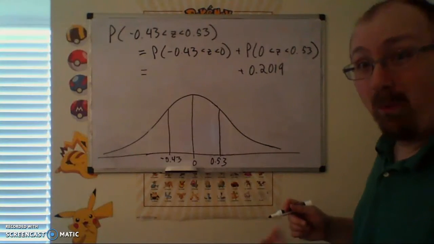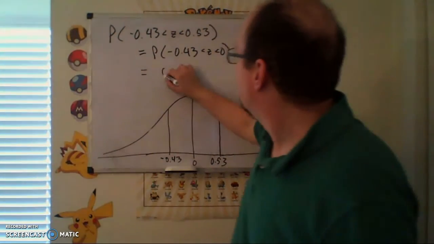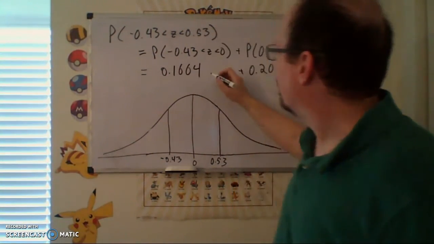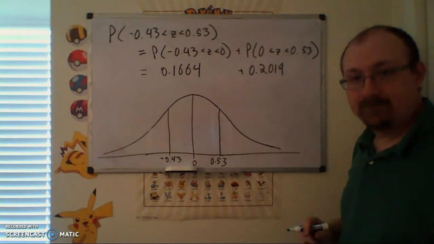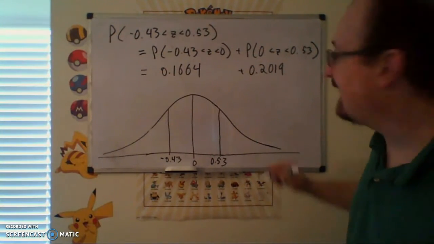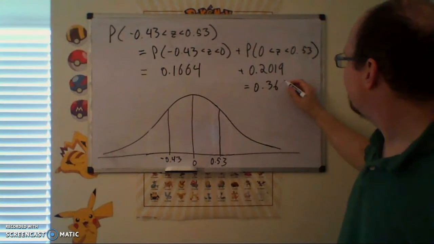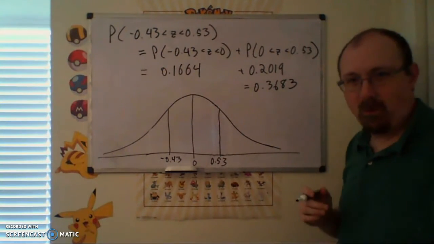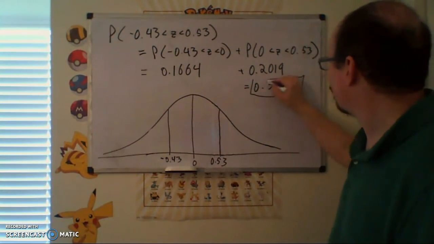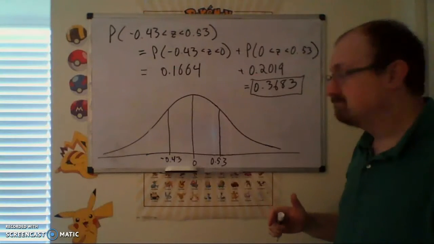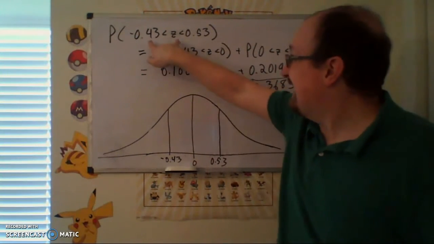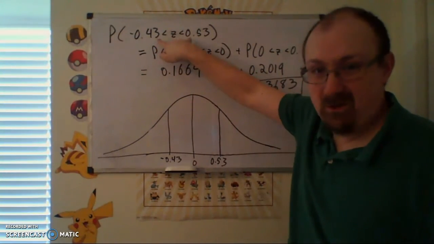And when I look up 0.43 on my body table, I had 0.1664. So now I add these two guys together. So that gives me, if I'm doing my arithmetic right, 0.3683 in that instance.